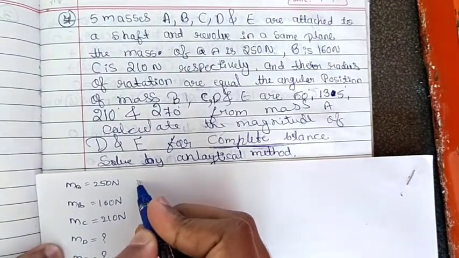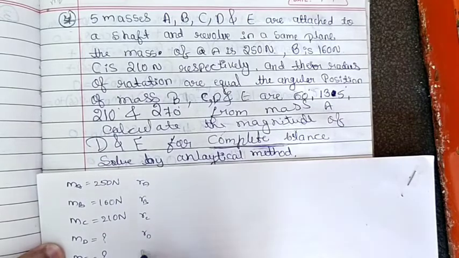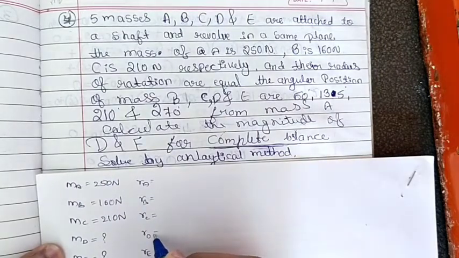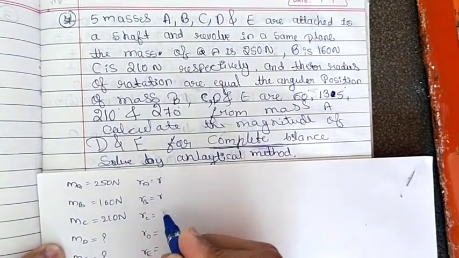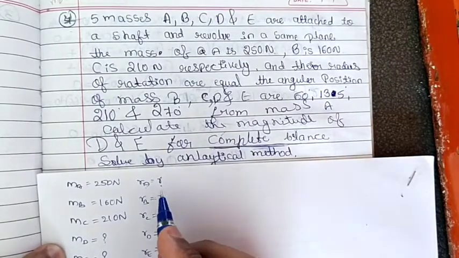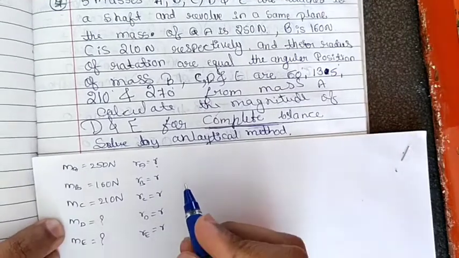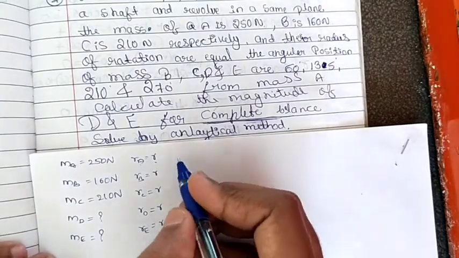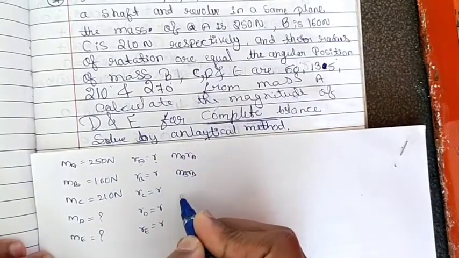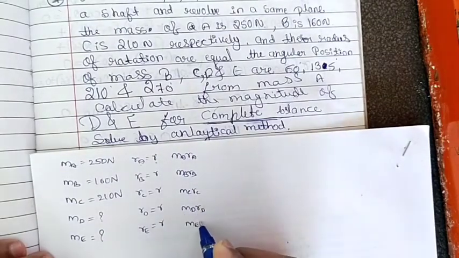The radii RA, RB, RC, RD and RE are all equal, so I am taking this as R. That is, RA is equal to RB is equal to RC is equal to RD is equal to RE is equal to R. Now the next step: MA into RA, MB into RB, MC into RC, MD into RD and ME into RE.